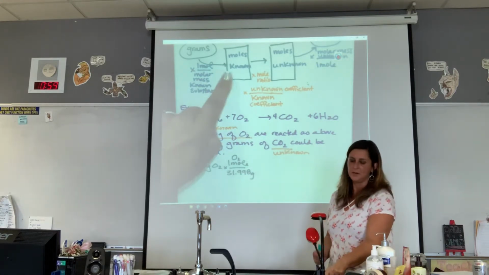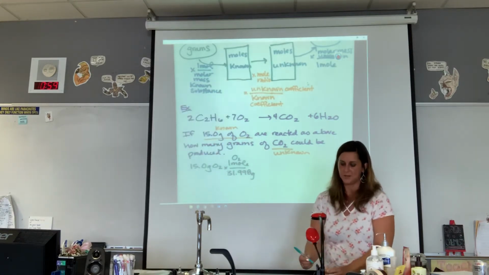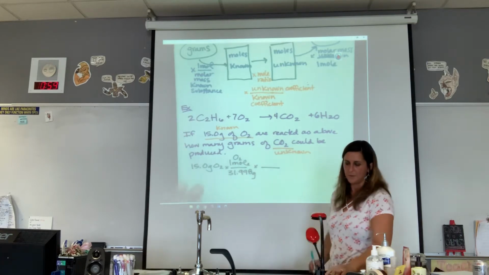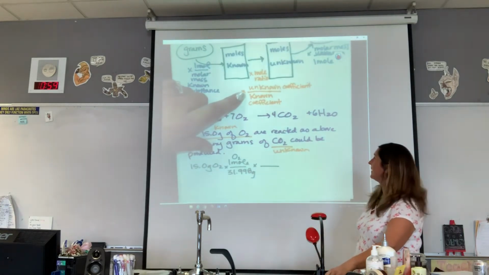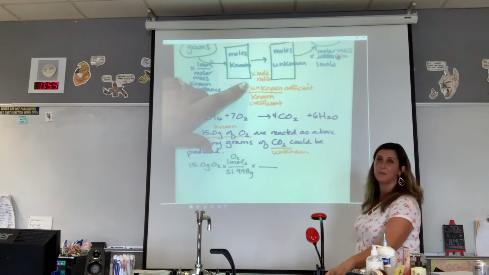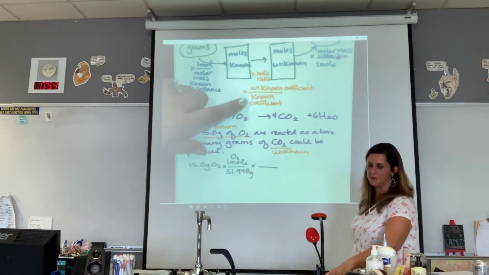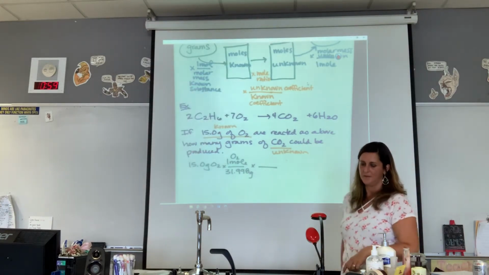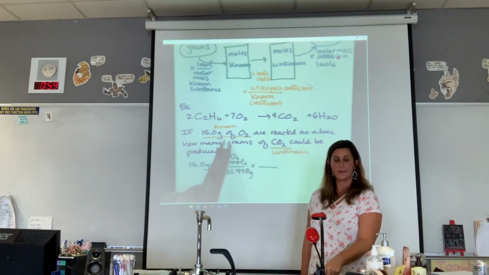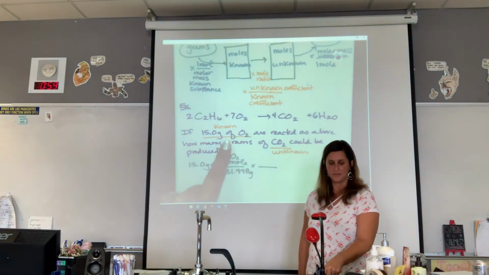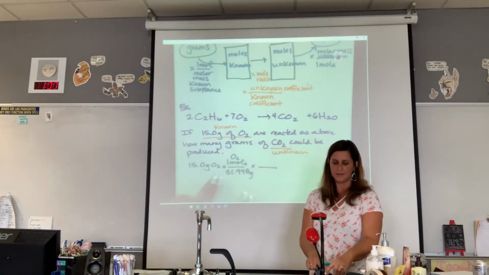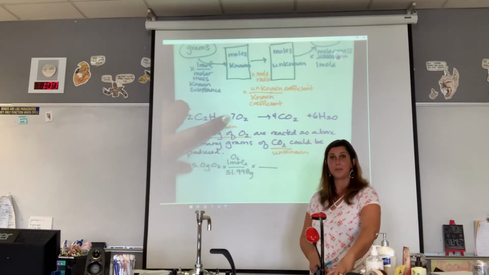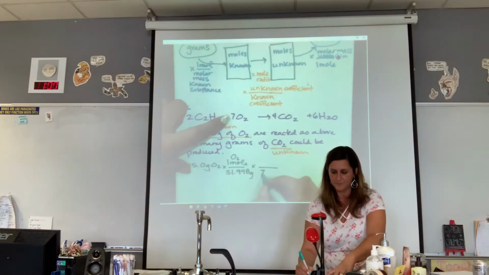Our next step is going to be to do the mole ratio. Remember, the mole ratio is the unknown coefficient on top and the known coefficient on the bottom. We have identified the oxygen as our known substance, so we go to the balanced equation and find the coefficient for the oxygen is 7.